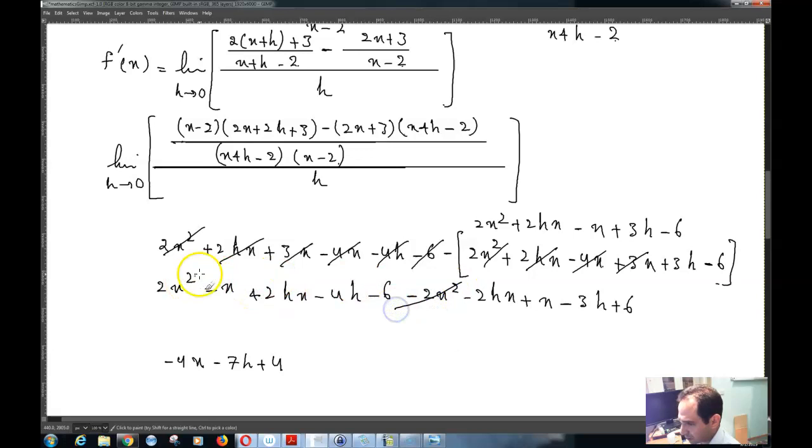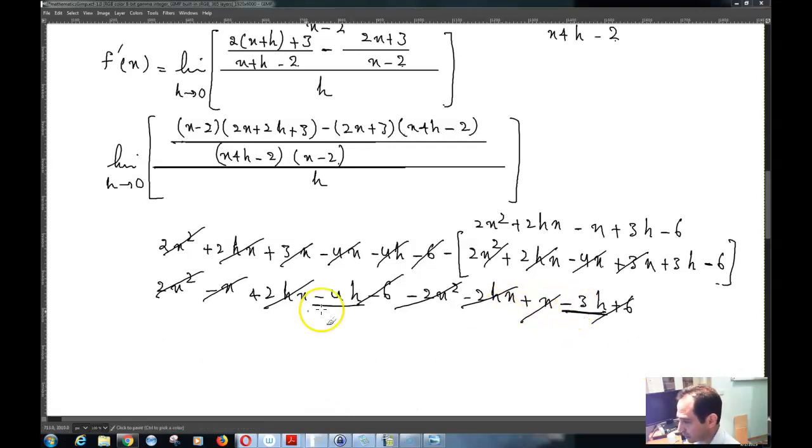And so these two will cancel out. Negative x, positive x will cancel out. These two will cancel out. And these two will cancel out. And so you have negative 3h and negative 4h, which is negative 7h. That's where I made a mistake.